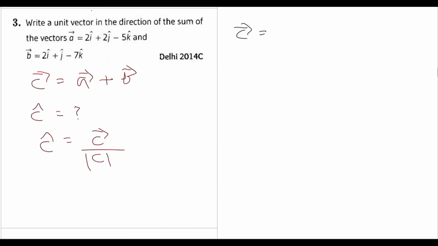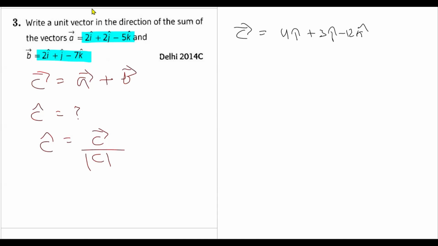If I add directly here, that is this and this, adding their coefficients, this is 2 plus 2, which is 4i, and 2 plus 1, so it's 3j, and minus 12k, minus 5, minus 7.